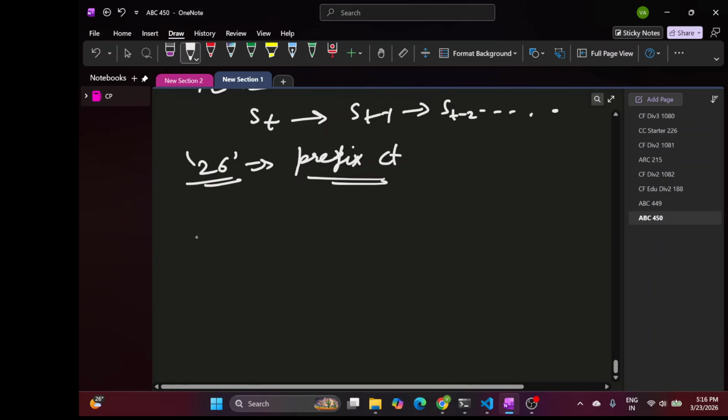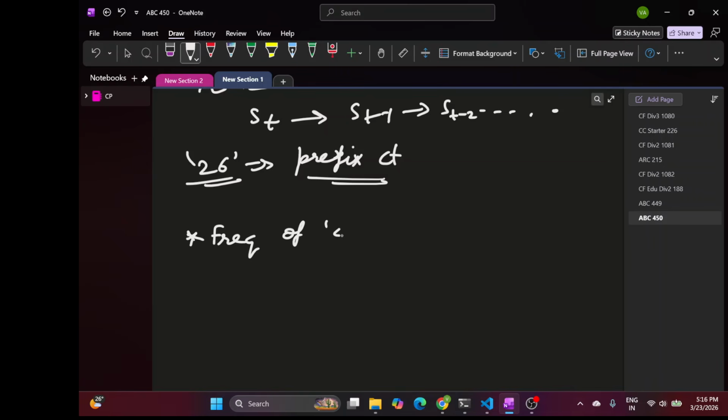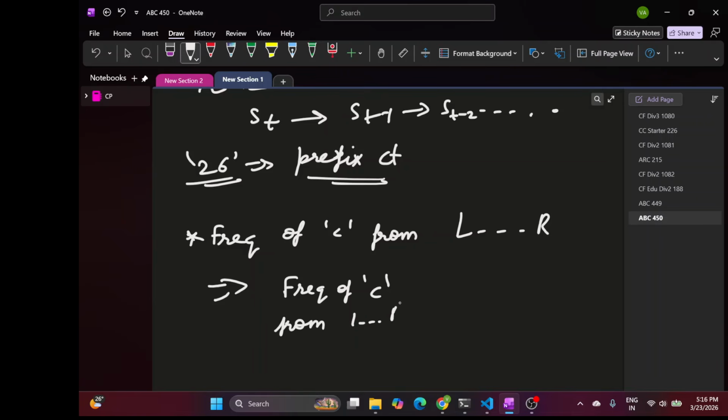We need to find, our question is, the frequency of some character C from L to R. This is equal to the frequency of C from 1 to R minus the frequency of C from 1 to L minus 1, right?